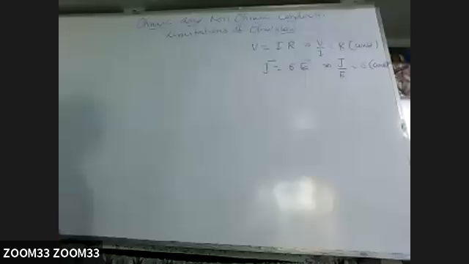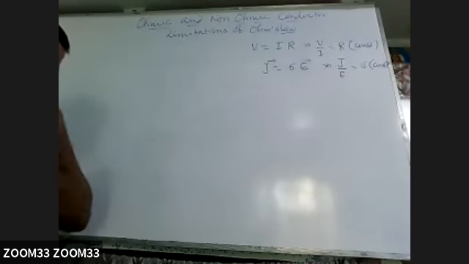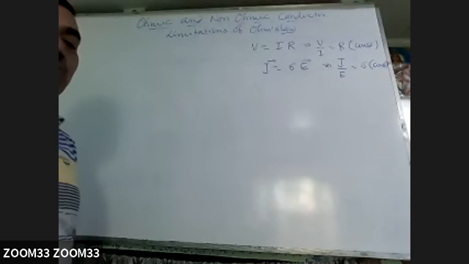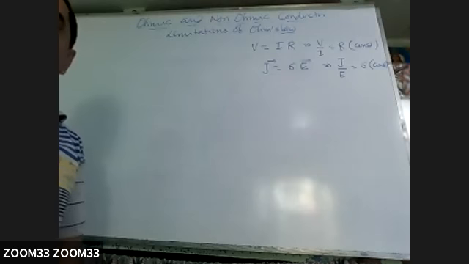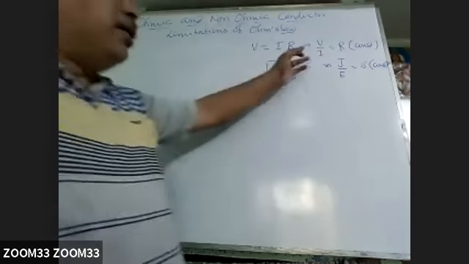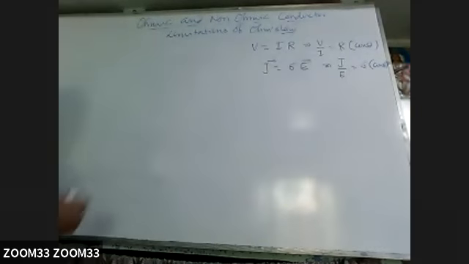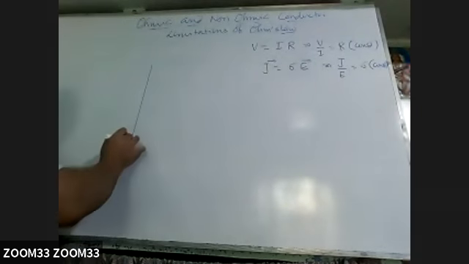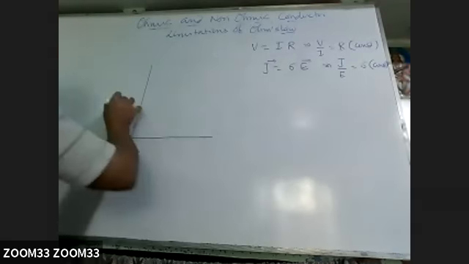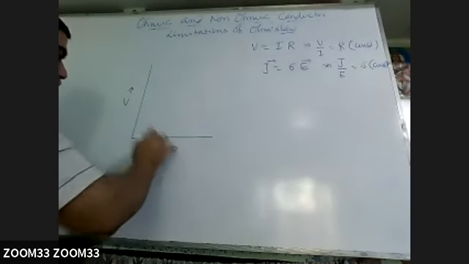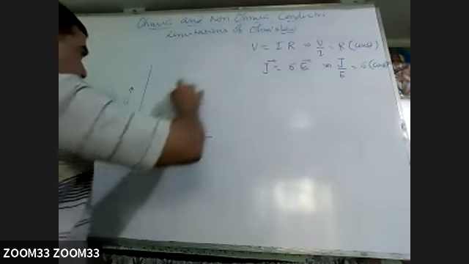Generally we plot V versus I graph or I versus V graph. If Ohm's law is valid, the V versus I graph will be a straight line, passing through the origin.